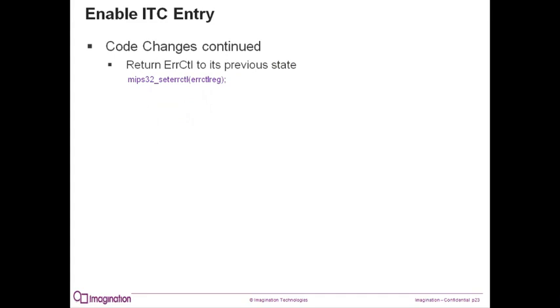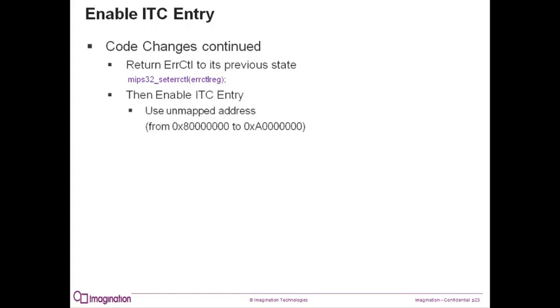Now that I am done writing the ITC block tags, I will turn off the ITC bit in the error control register so the cache instruction operation will refer to the cache instead of the ITC controller.